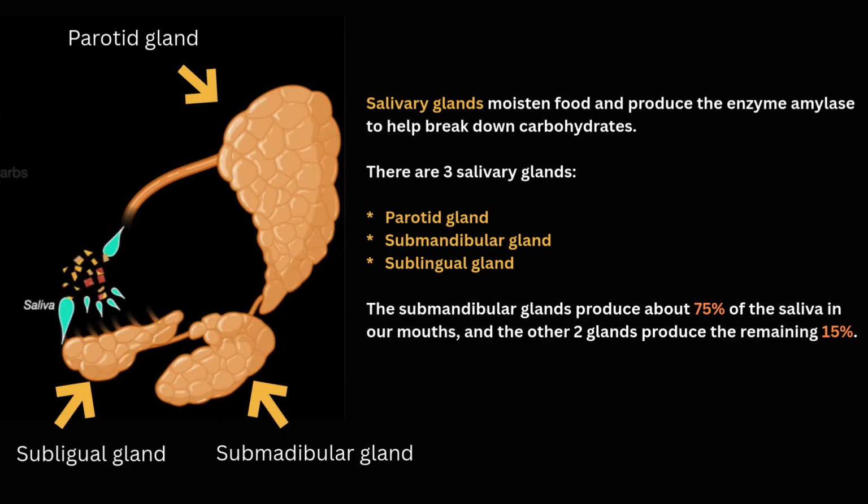The amount of saliva we produce depends on the gland. For example, the submandibular gland produces about 70 to 75% of the saliva in our mouth, and the other 15% is produced by either the parotid gland or the sublingual gland. Either one of those two would finish the remaining saliva.